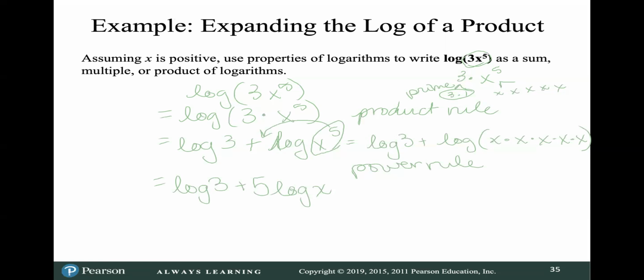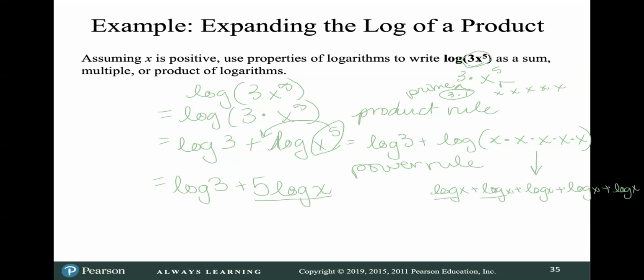To see how we get the power rule from the product rule, if we look at this as log of x times x times x times x times x, this would be log of x plus log of x plus log of x plus log of x plus log of x. 1, 2, 3, 4, 5.